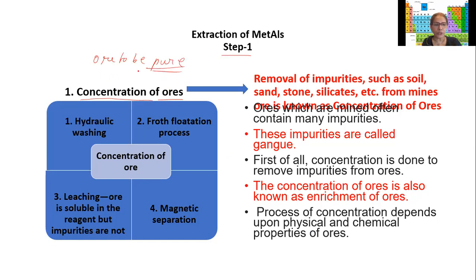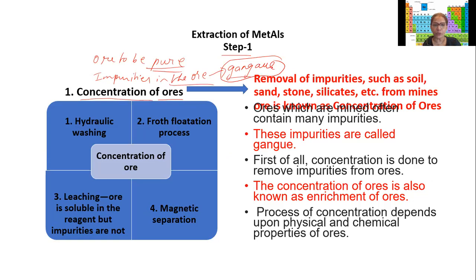So the impurities which are present in the ore or along with the ore are known as gangue. It's a term given for the impurities present in the ore. So every ore has certain impurities. These impurities are known as gangue.